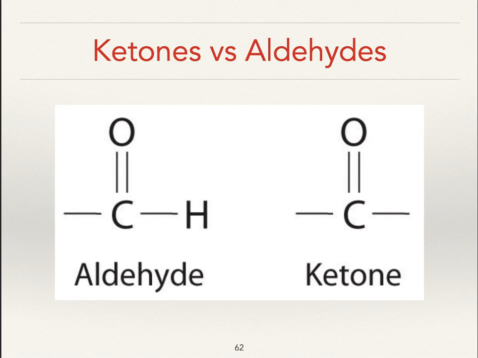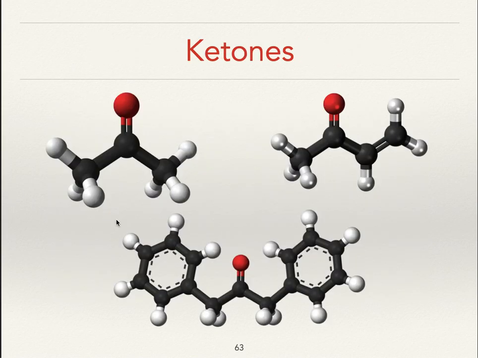Let's look at some examples. All of these molecules are ketones. Here's the carbonyl group, the functional group, and you see it again over here, and you see it again over here. What you notice is that the R groups can be symmetrical. Here it's a methyl, and over here on the right side it's also a methyl.